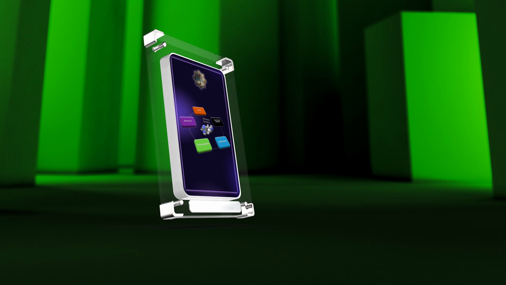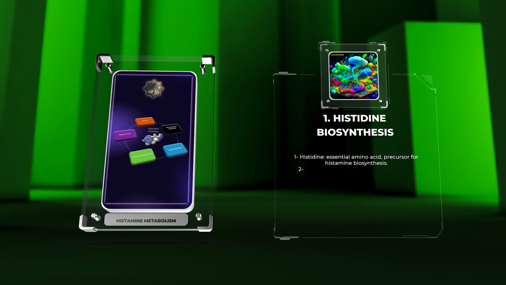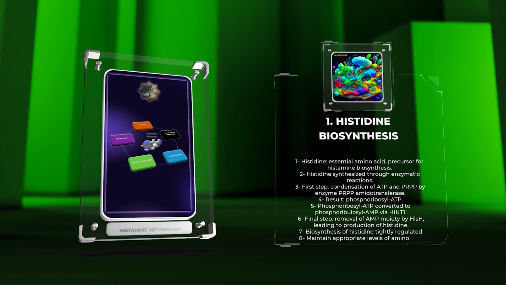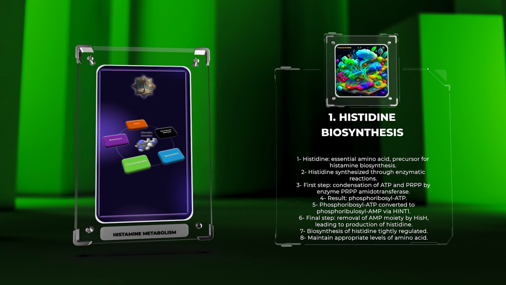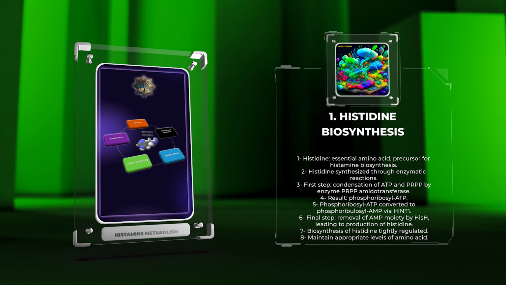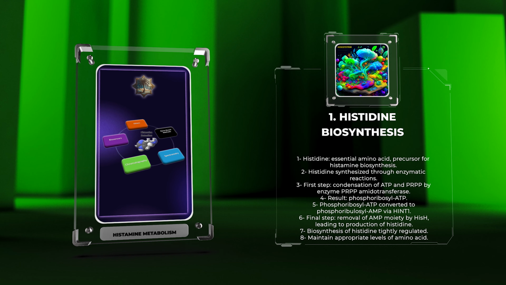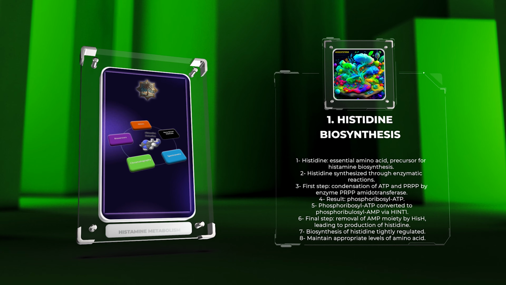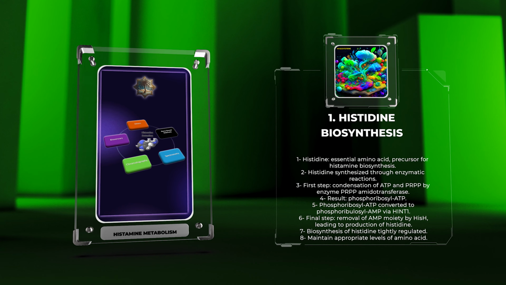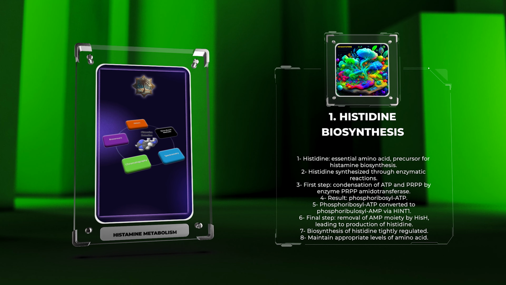Histidine, an essential amino acid, serves as the precursor for histamine biosynthesis. Within the human body, histidine can be synthesized through a series of enzymatic reactions. The first step involves the condensation of ATP and PRPP, 5-phosphoribosyl 1-pyrophosphate, by the enzyme PRPP aminotransferase, resulting in the formation of phosphoribosyl ATP.